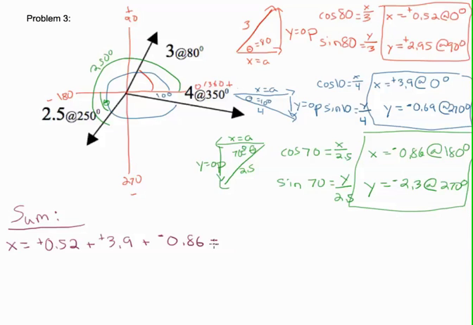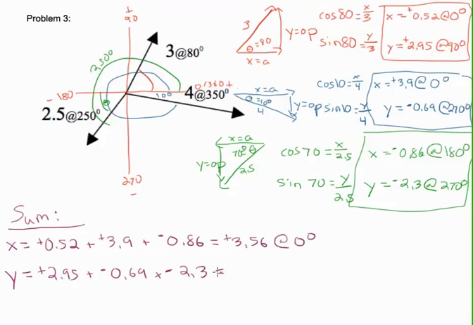For our y direction, we have positive 2.95 plus negative 0.69 plus negative 2.3. And we get negative 0.04, so this is tiny. And because it's negative, we know that it's at 270 degrees.